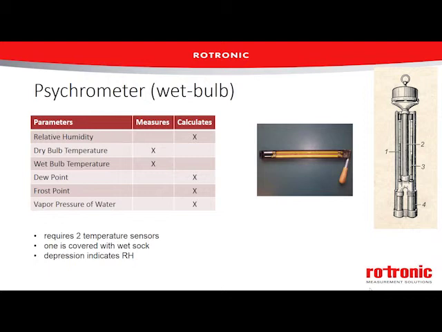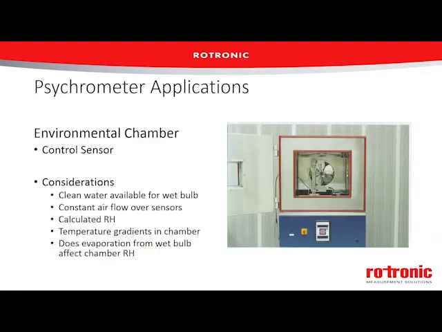So if we look then at an application and some of the considerations, in addition to sling psychrometers, which would be a handheld device, these are also used in environmental chambers to control relative humidity. Some of the considerations are that we need to ensure we've got clean water.